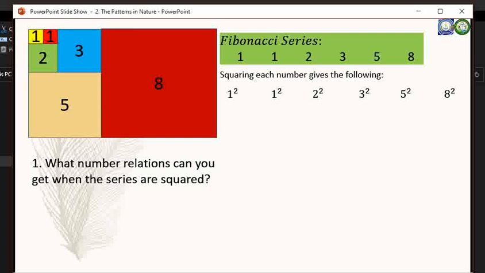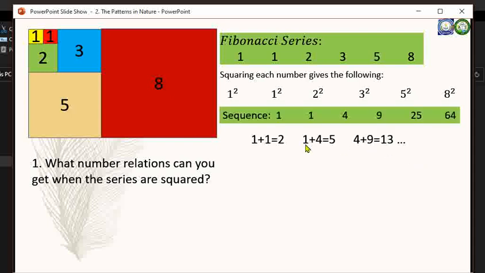First off, square each number. When we say square, we are going to multiply the numbers in the Fibonacci sequence by themselves. So 1 times 1, 1 times 1, 2 times 2, and so on. So the answer to squaring each term in the Fibonacci series is the following.